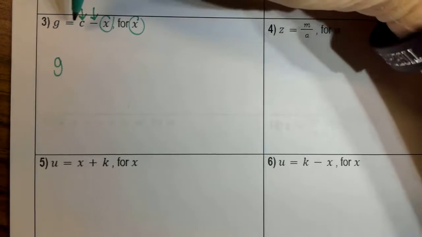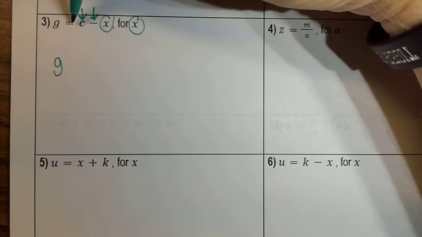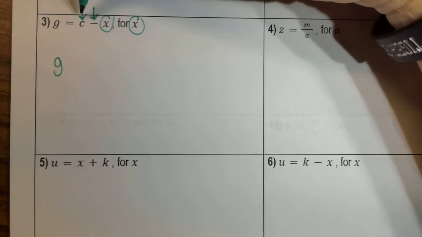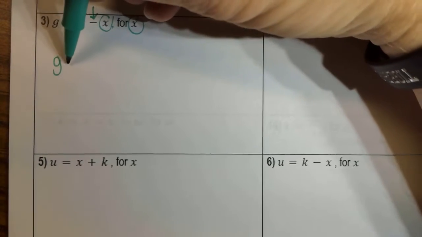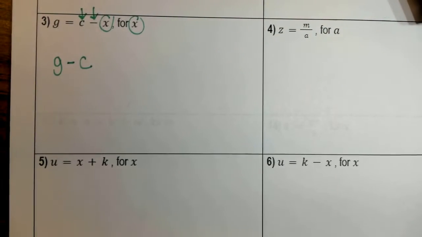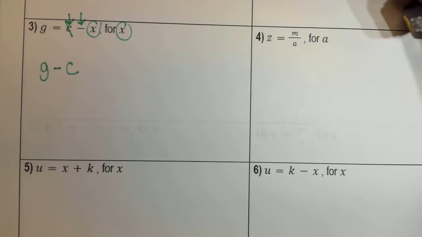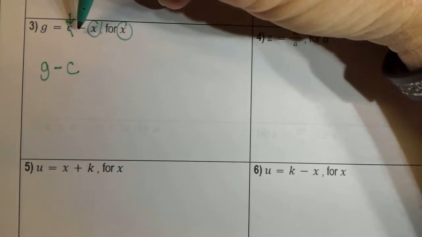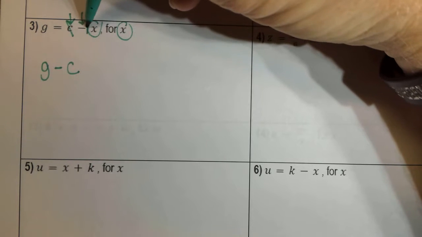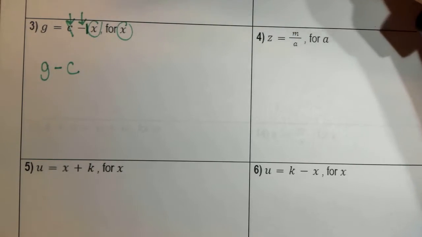So I have g. Now, if I want to move c, because c is positive, right? There's no negative, which makes it positive. The opposite of a positive c is a negative c. So that's gone. And then you might be thinking, okay, how do I get rid of a negative? Well, if you remember, if I have a negative and no number, that's actually like a -1, right?